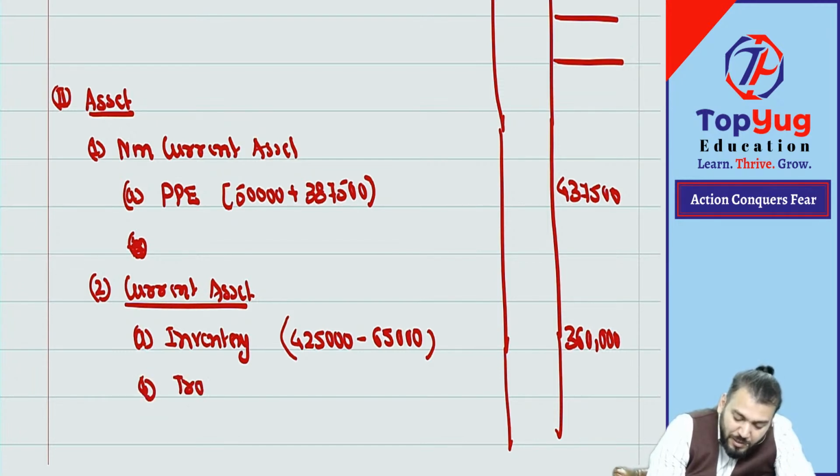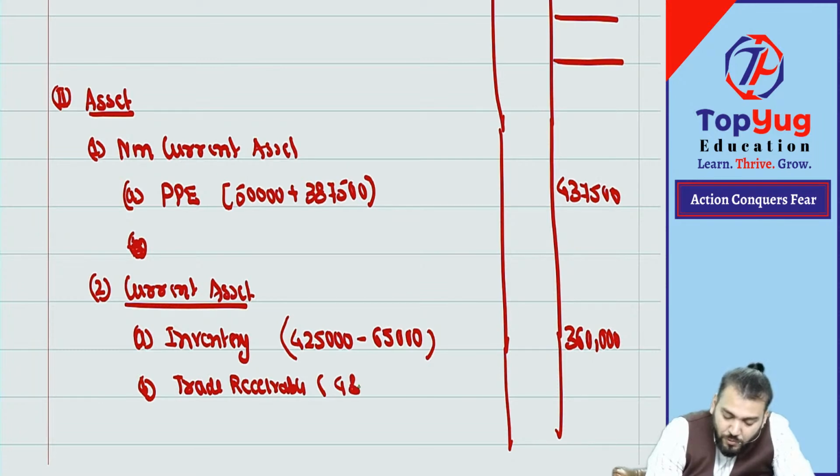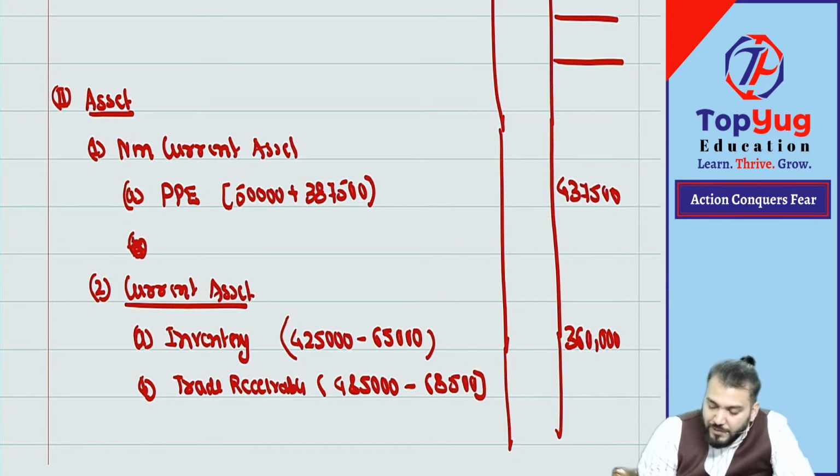So trade receivable also, we have created what? One provision, provision for bad debt. How much we have created? That is 4,85,000 minus 68,500 is equal to 4,16,500. Got it?